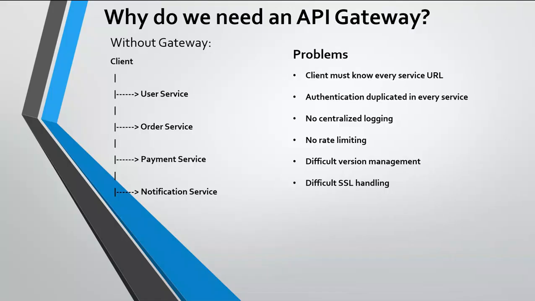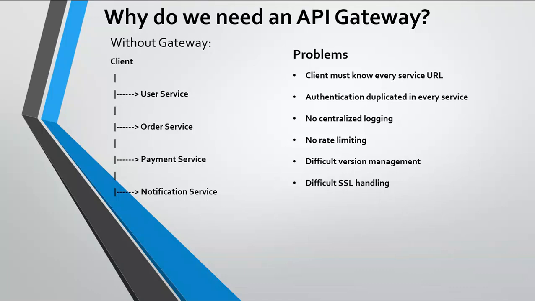Okay, no centralized logging. There will not be centralized logging. We have to give those logics to all these services. No rate limiting. We cannot do rate limiting centrally, or it will again be duplicated.